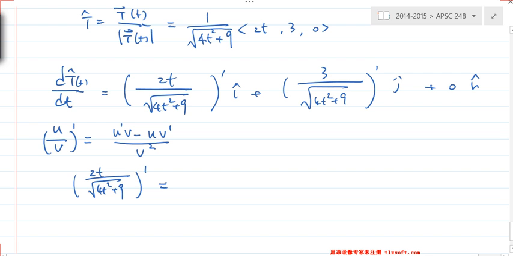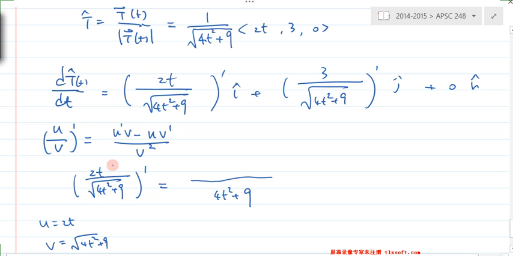First one. All right, so in this case, what's u? u is 2t, right? What's v? v is this portion. So v squared gives us 4t squared plus 9. u prime, maybe I'll just write it. u is this, v is this.